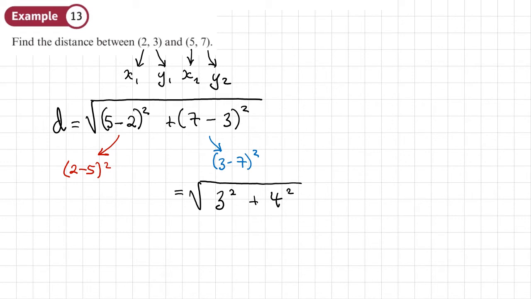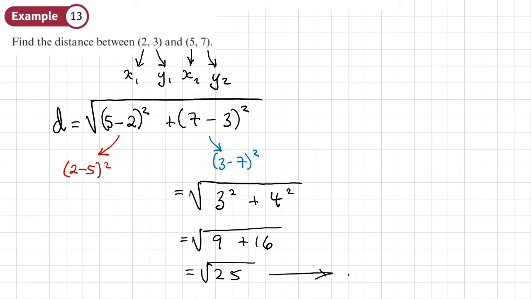I recognise that. Square root of 9 plus 16 is square root 25. So that distance is going to be 5. Now there are no units on this question, so we just leave it as the number 5.